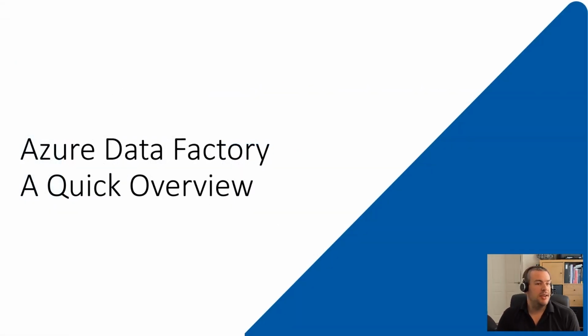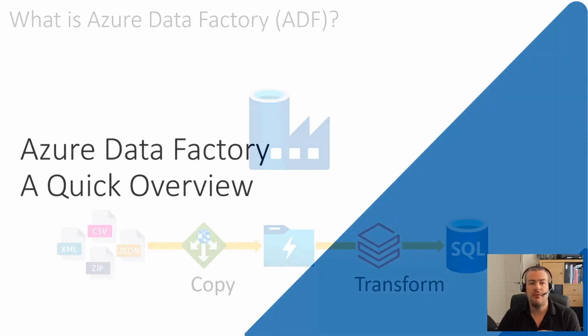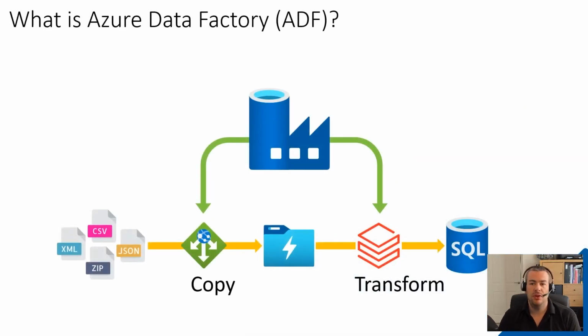So let's think about firstly Azure Data Factory, and let's just take a quick overview of this Azure resource before we actually then think about deploying it and delivering it using Azure DevOps. So what is Azure Data Factory? Well, in the context of this data that we want to do something with, where we want to get it from A to B to C, Data Factory will sit there as the orchestrator, the umbrella service, if you like, for that process.